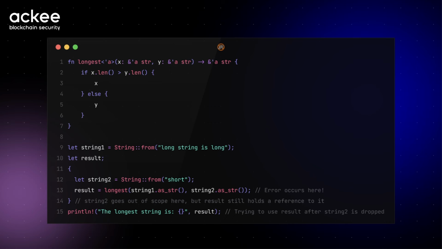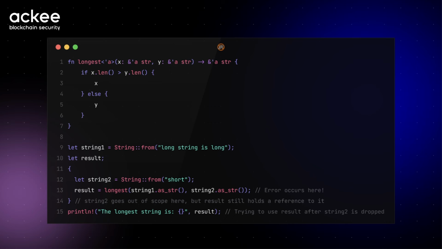And now let's go to line 9. We have here the defined string1 variable, which is the owner of the string with the content "long string is long". Then we have a variable called result. We do not assign any value to this variable, which is okay.